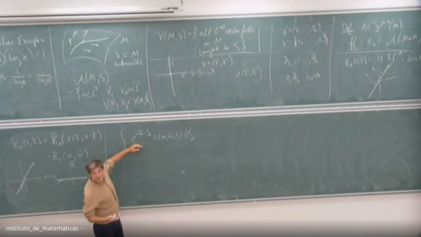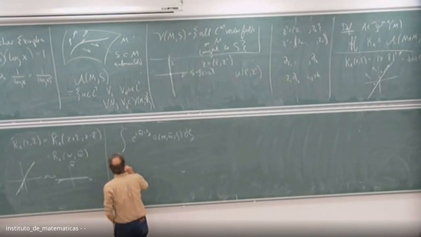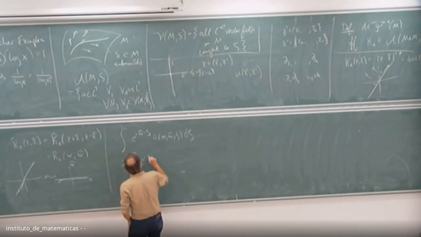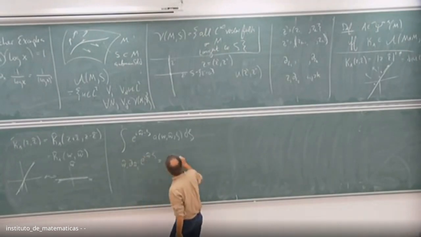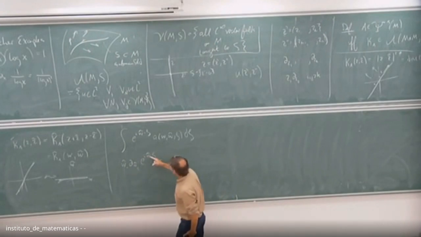But if I hit here, what goes wrong? Well, suppose I take wi tilde dwj tilde acting on e to the i w tilde dot zeta. The dwj tilde is going to bring me down to zeta j, and the wi tilde is going to be like a d zeta i.